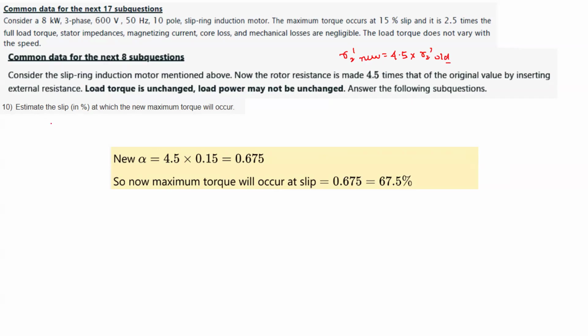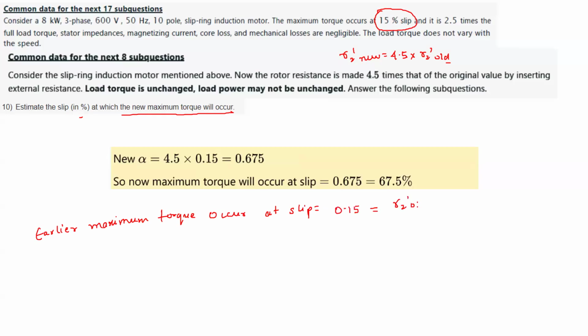Now they're asking what will be the slip at which the new maximum torque will occur. They have said earlier that the slip for maximum torque is 15%. So earlier, maximum torque occurred at slip equal to 0.15, which is equal to R2 dash old by X2 dash.